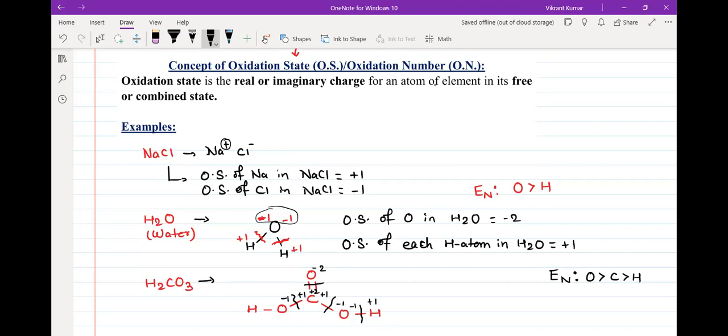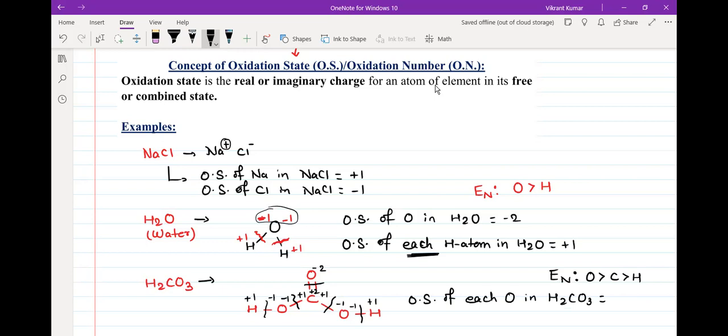Okay, let's see what I said here. Oxidation state reported: -2 per oxygen, each atom. Oxygen -2, hydrogen +1, carbon +4. When we are reporting it, if there are multiple atoms, we report it like the oxidation state of each O in H2CO3. Then what will we say?